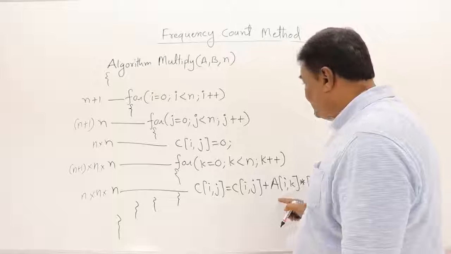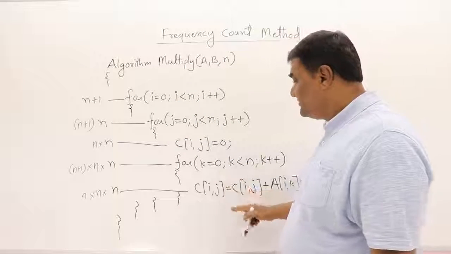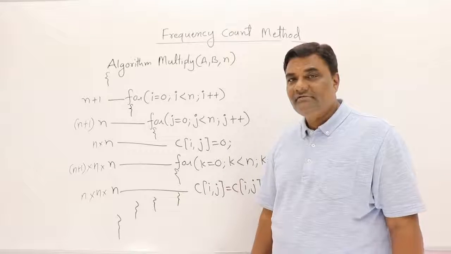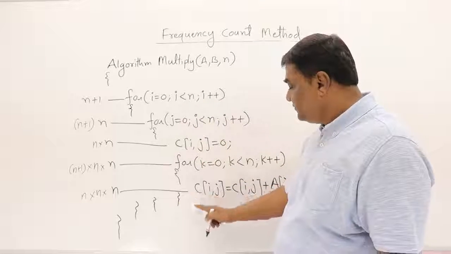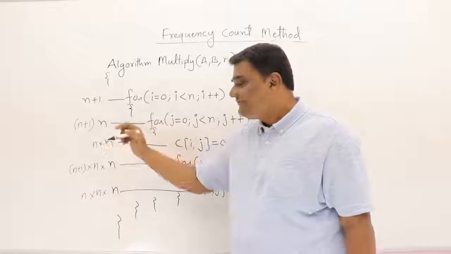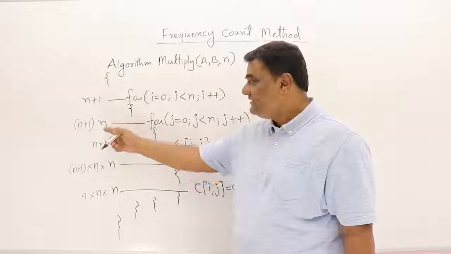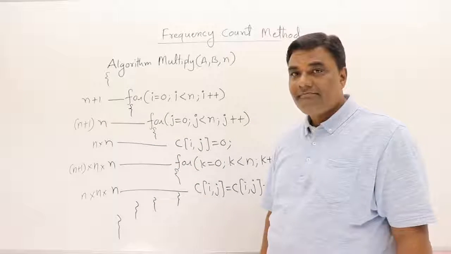As this statement is inside all three loops, it is going to execute n cube times. This is inside just these two loops, so it executes n square times. And these are loops themselves, so that is n plus 1, and this is n square and this is n cube.